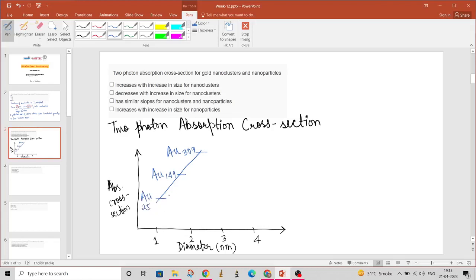The lines are approximately drawn, it's not to scale, and let me draw for the nanoparticles.